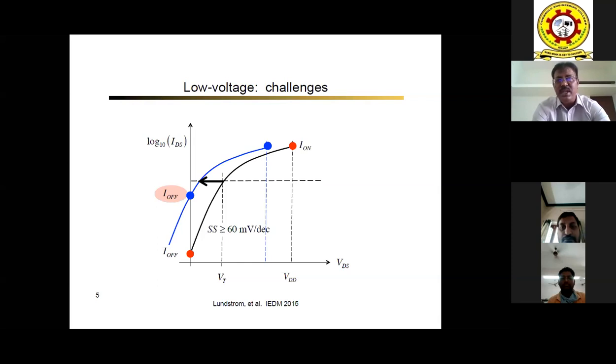The temperature and q are constants and don't change with respect to your technology node, and Boltzmann's constant k is also a constant. Thereby we have a limitation on thermal voltage. We would not be able to go beyond that. So 60 millivolts per decade has become a nominal parameter. Beyond that, your circuit does not produce carriers.